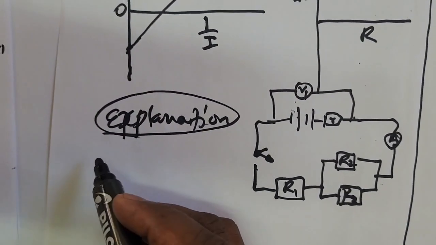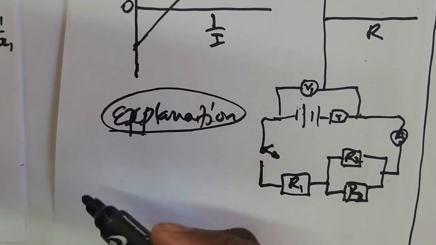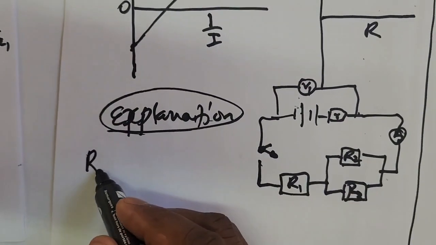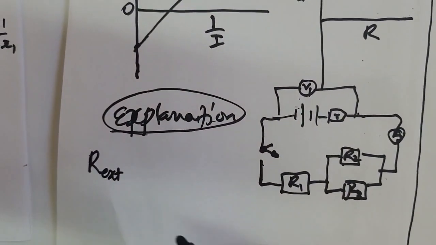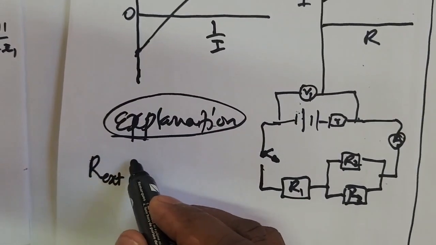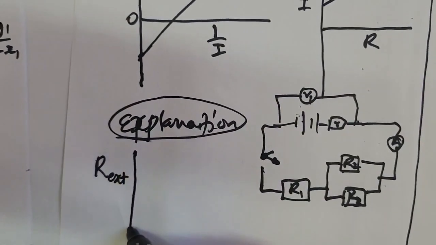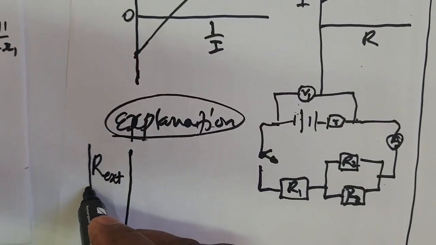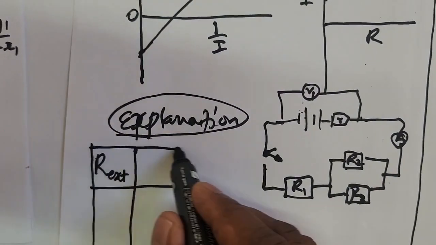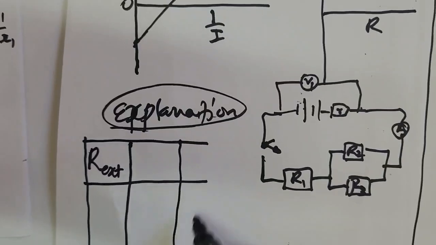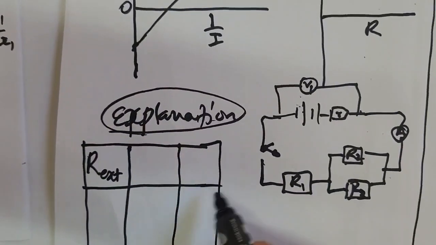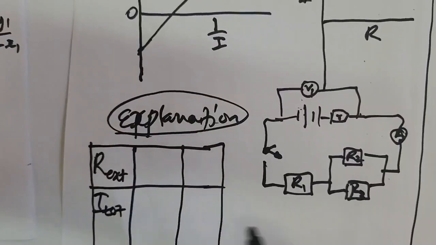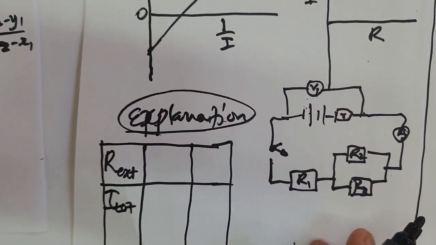When we explain, we are going to use this table to say that whatever you do at the end, you'll be tampering with the total resistance of the external circuit. Fine, that's what will be happening. And when you tamper with the total resistance of the external circuit, the total current in the circuit will also be affected.